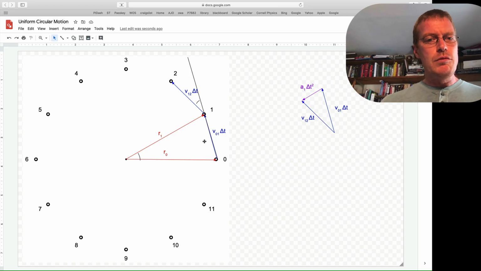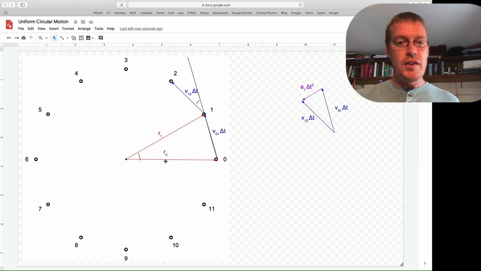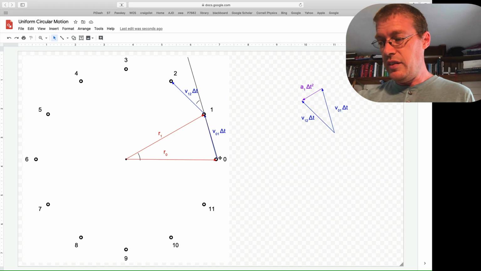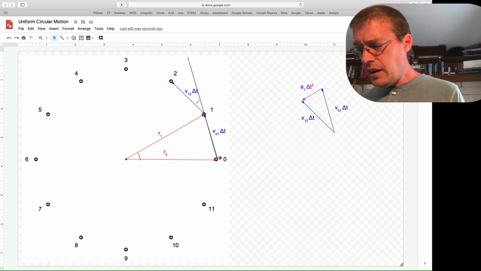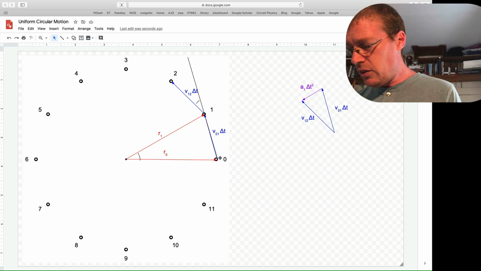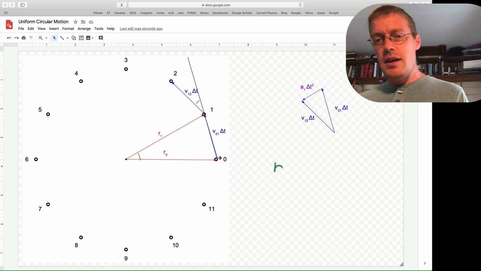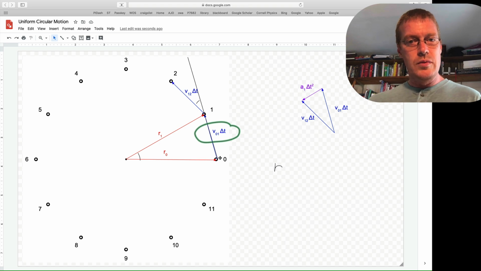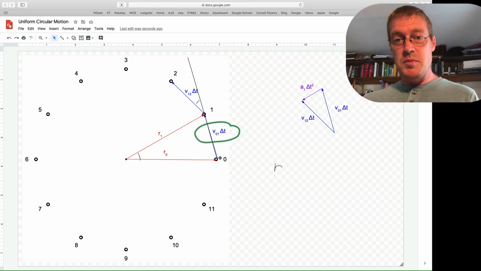That means if I take the ratios of the lengths of sides of these two triangles, they should be equal. So if I take the length of one of these long sides there, that's nothing but the radius of this circle. And then the length of that side there is nothing but the speed times delta t.